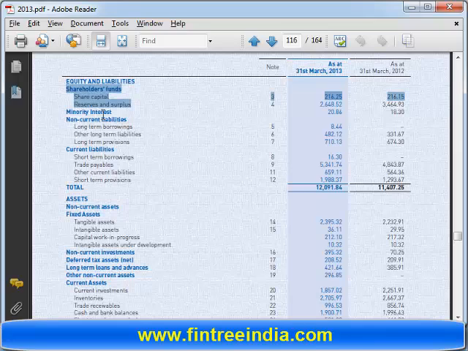Okay, which means in India we treat it as mezzanine. However, in US GAAP and IFRS, we assume that this minority interest is a part of shareholders' equity. Is that okay?